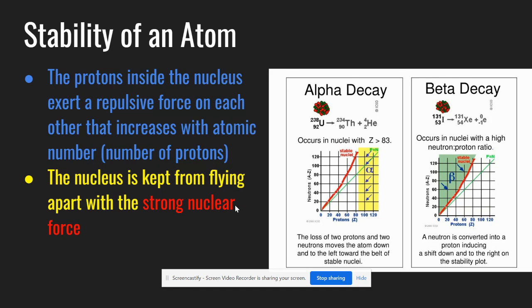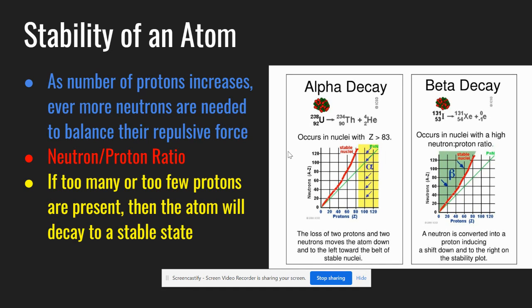As the number of protons goes up, we are going to need more neutrons in there, a stronger nuclear force to hold it together.